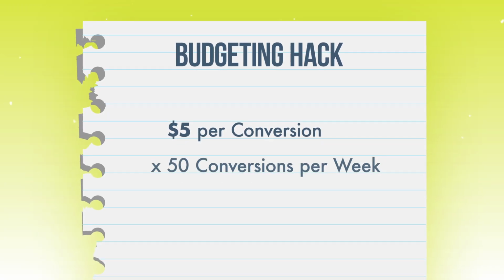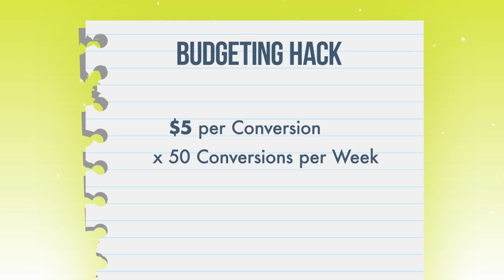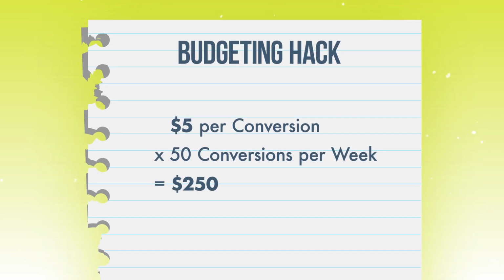As promised, here is a ninja budgeting hack for you that you're going to love. So the algorithm works best when we have 50 conversions in a week. So let's say that your conversion cost is $5 a conversion, just to make it easy on the math. So $5 per conversion times 50 conversions in 1 week is $250.